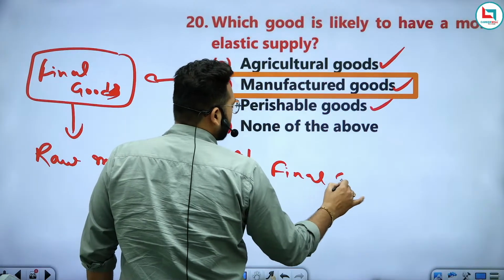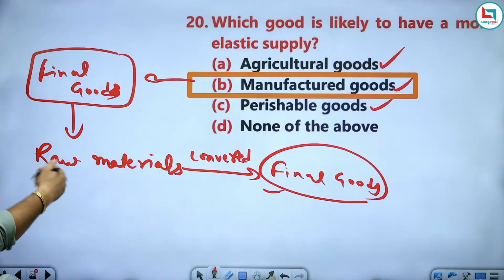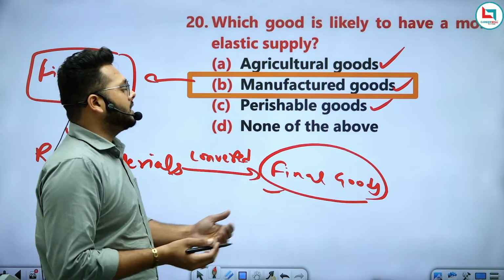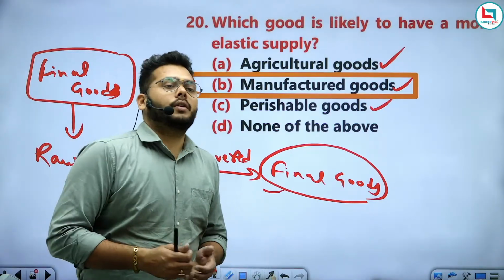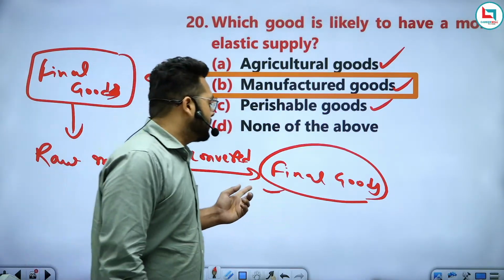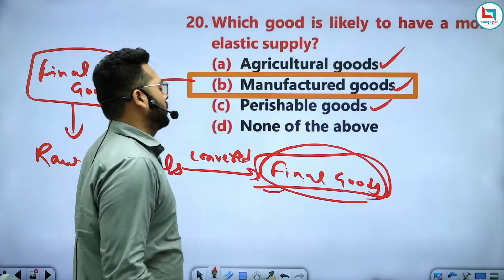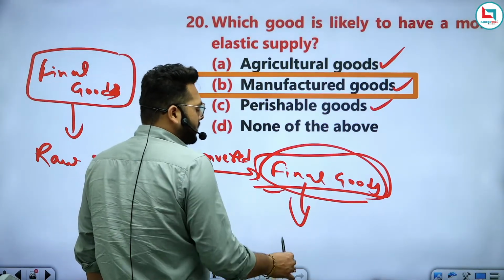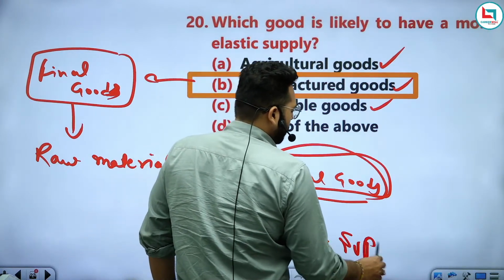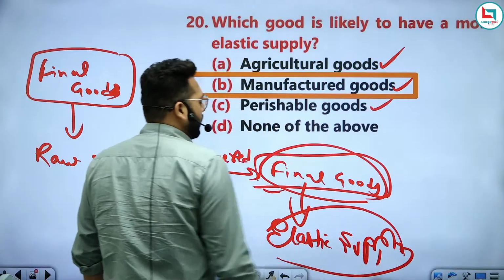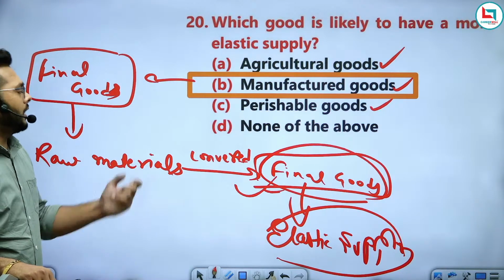These goods are already manufactured, and what we increase or decrease is the quantity of supply of these final goods, which are also called manufactured goods. So this actually affects the elasticity of supply, elasticity of supply is affected by this type of goods. So this will be your right answer.